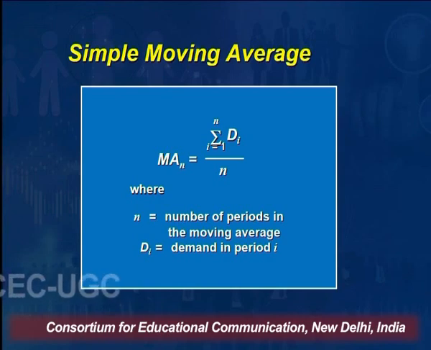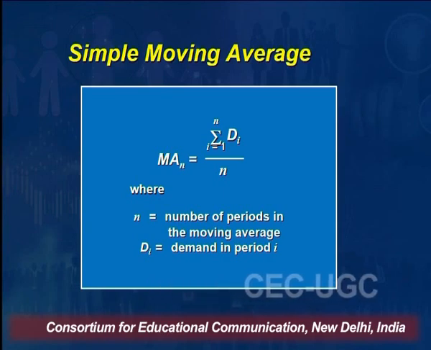Let's say you are predicting the demand for January. You will take the past 3 months' demand, that is December, November and October, add the 3 demands, that is the summation, and then divide it by 3. So you will get the average of the past 3 months' demand.